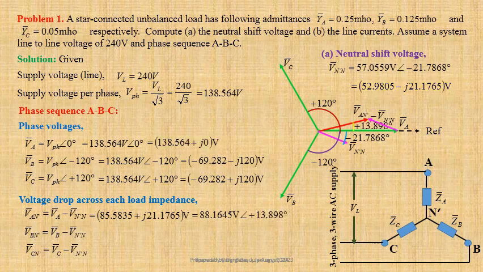88.1645 volt at an angle plus 13.898 degree. Vbn' equals minus 122.2625 minus j times 98.8235 volt.